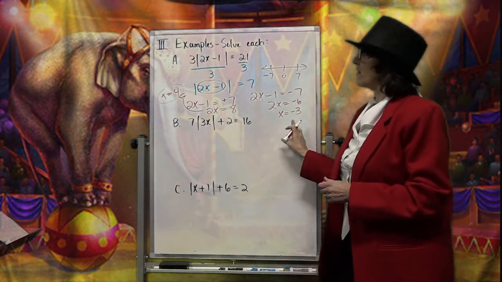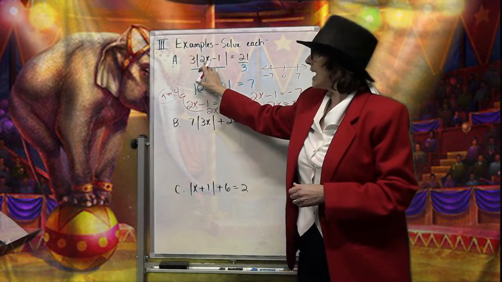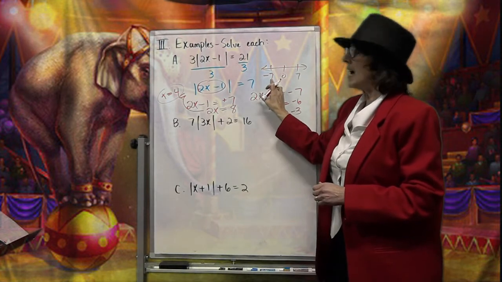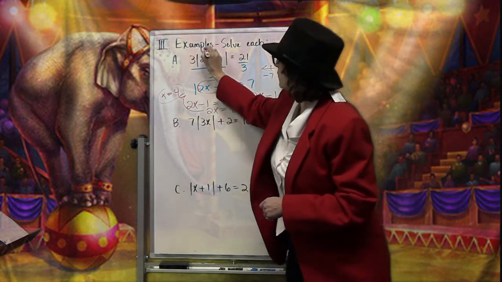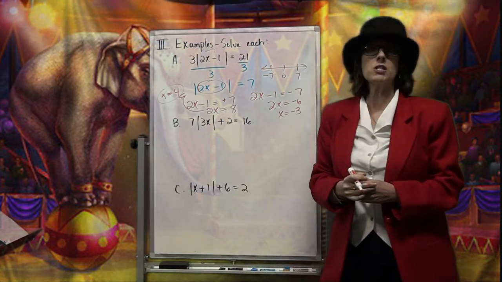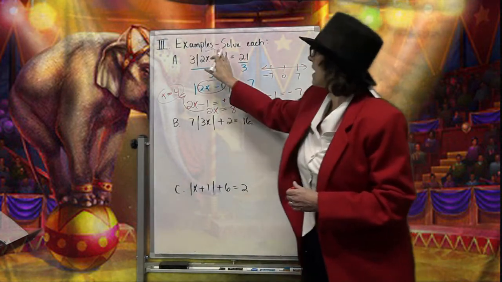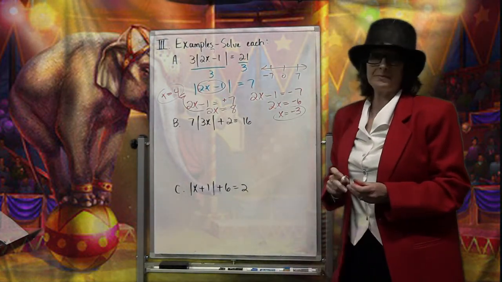Here, when I take the negative 3 and put it in there, 2 times negative 3 is negative 6. Negative 6 minus 1 is a negative 7. That negative 7 has a distance of 7 from 0 on the number line. So the absolute value of that negative 7 is just simply going to be a 7. And 3 times that distance of 7 will give me a 21. So this one works as well.